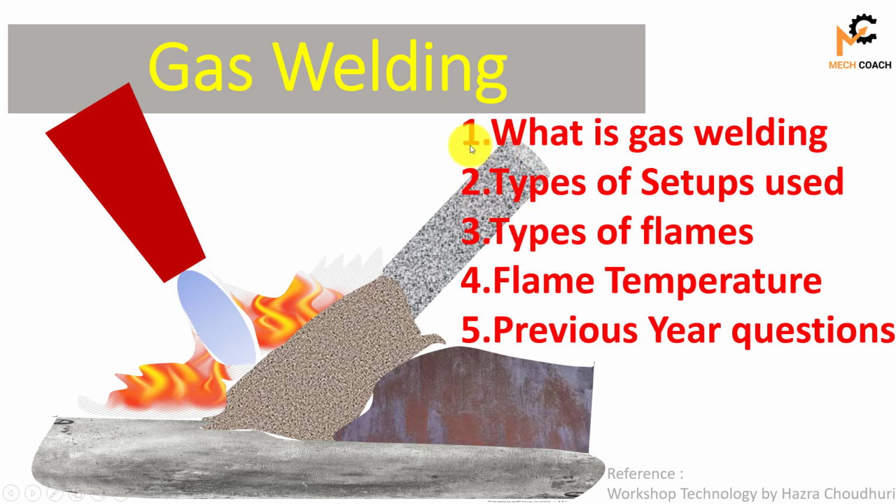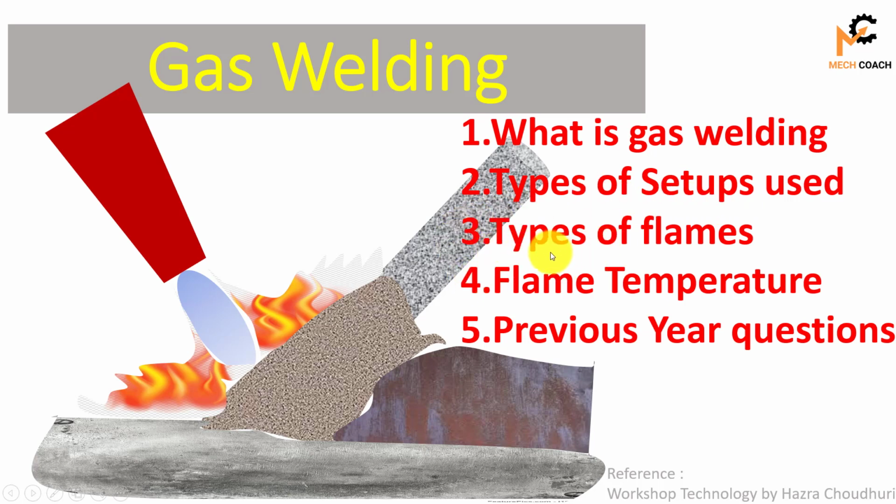First, we will see the introduction. In this, we will study the types of gas welding. Second, to carry out a particular type of welding, what equipment is used and how we set it up.